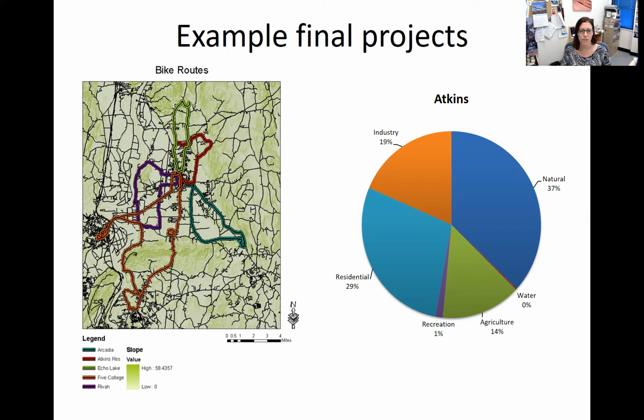She had mapped out these different bike routes, and then did some really nice analyses after that to look at what the slope would be, the average elevation change across these different bike routes, as well as what types of land cover she'd be biking through. So that one had both a digitizing as well as an analytical component.